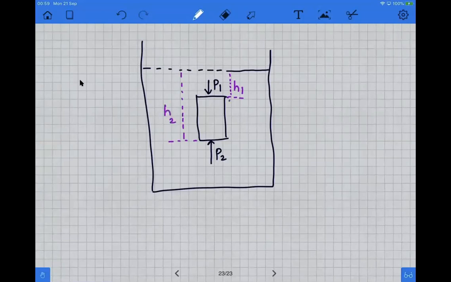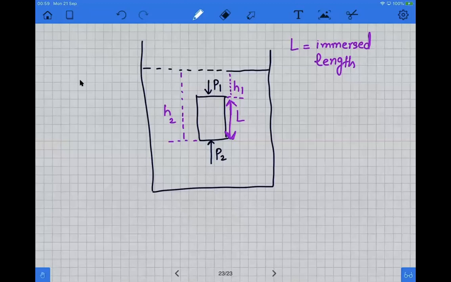And one important thing: the length of the object, the total length or the length immersed, is, let's suppose, L. L is the immersed length. H1 is the depth of the top, H2 is the depth of the bottom.